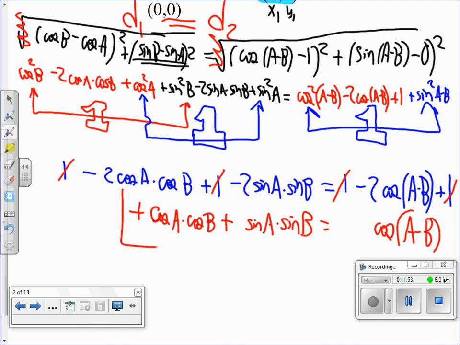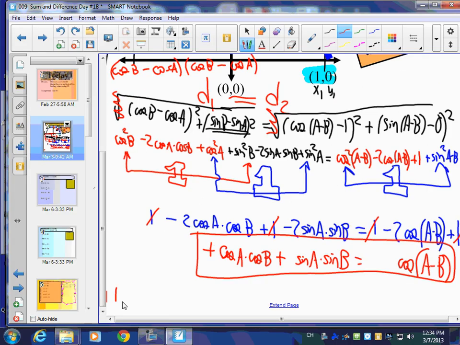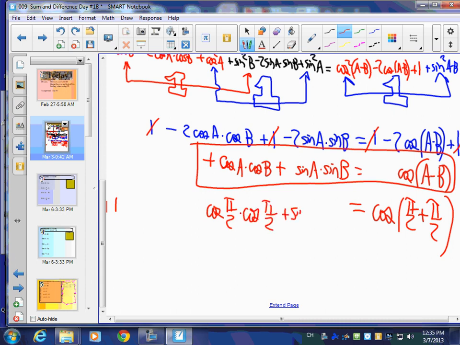And what we just did is we took the cosine of the difference of those. We found the difference of two things. For example, let's say I took the cosine of pi over 2 minus pi over 2. Did I do plus before for my example? So what's the cosine of pi over 2 times the cosine of pi over 2 plus the sine of pi over 2 times the sine of pi over 2?